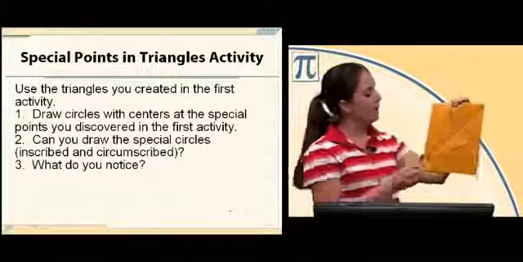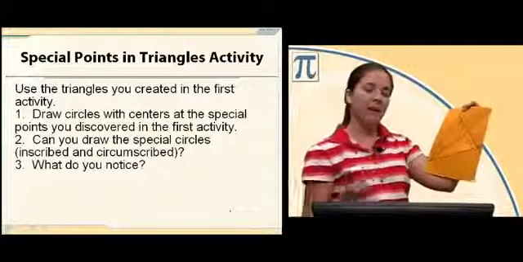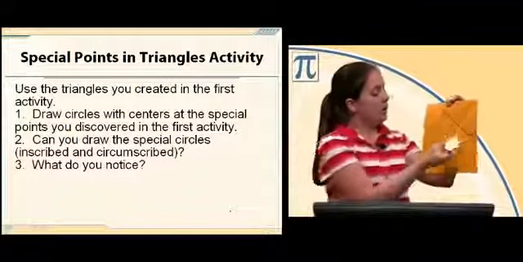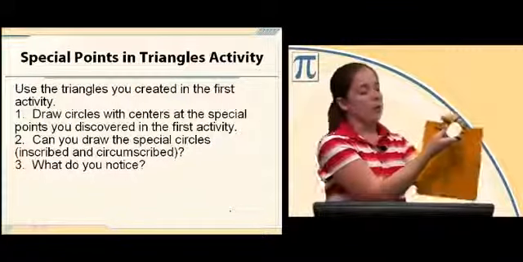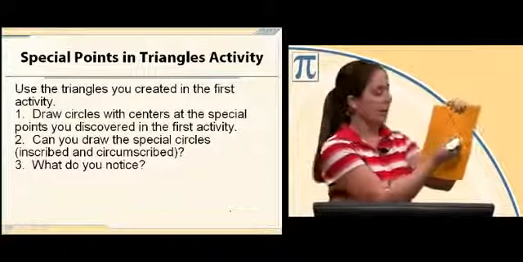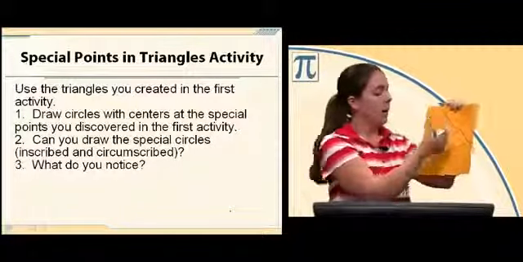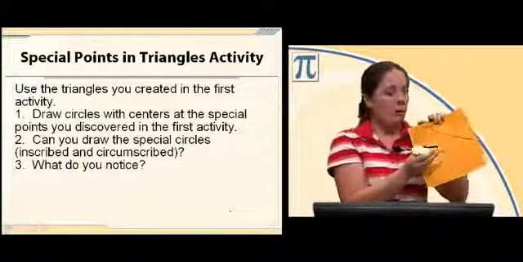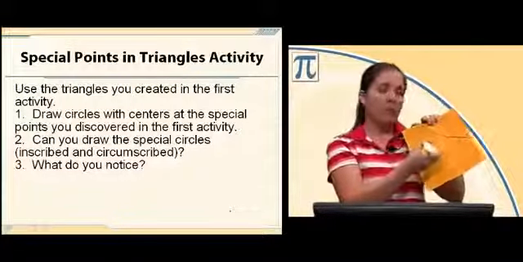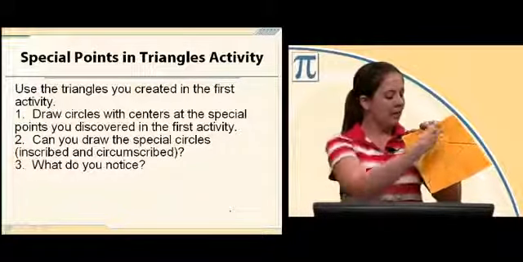Now grab that angle bisector triangle that we had. This one had all 3 angle bisectors drawn in. And if you make the center of your circle the point of concurrency, and you measure out or open the compass so that it touches the edge of the triangle, and move it over to another edge, and move it over to that third edge, notice that the distance from the point of concurrency of the 3 bisected angles is the same distance.